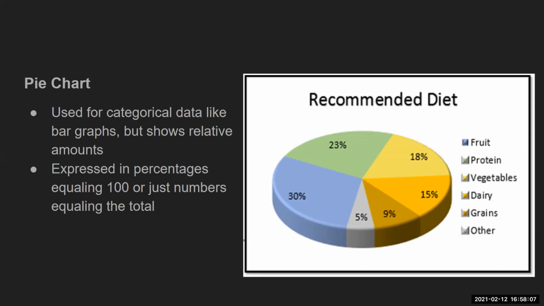This one here is a recommended diet. You're recommended to have 30% of your diet be fruit, 18% be vegetables, 23% be protein, that kind of breakdown. If we added all those percents up, it's going to equal 100. So by looking at that, you can say grains is a much smaller portion of your diet than fruit is, or recommended anyway.